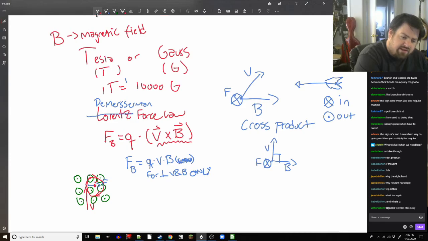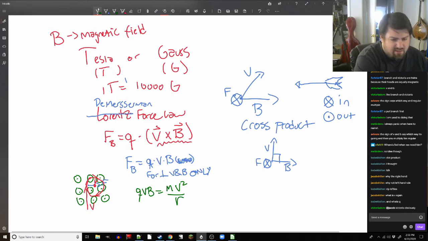To figure out the radius of that circle, we're going to need to use centripetal force, which you may or may not remember from Physics 1. Essentially, we're going to set this QVB, the magnetic force, equal to the centripetal force, which is mv squared over r. I think in this case it's an electron, so the mass of an electron, charge of an electron.